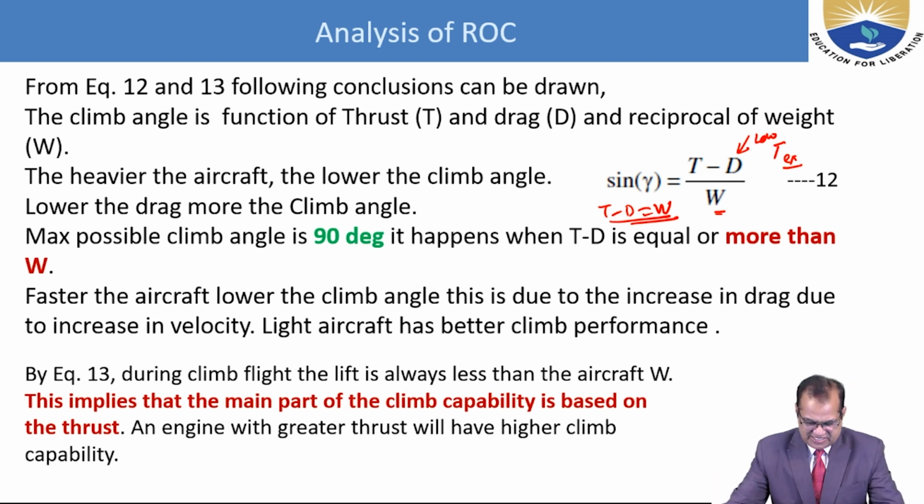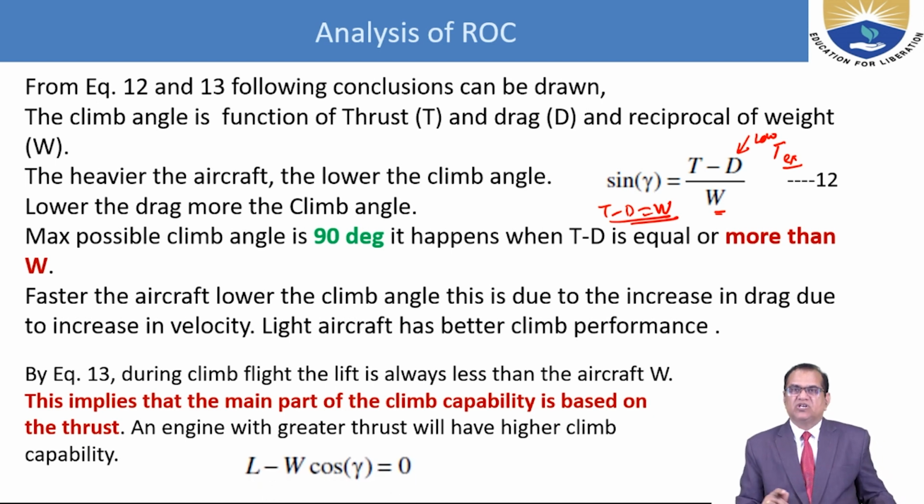This implies that the main part of the climb capability is based on the thrust. An engine with greater thrust will have higher climb capability. So L minus W cos gamma is equal to 0.